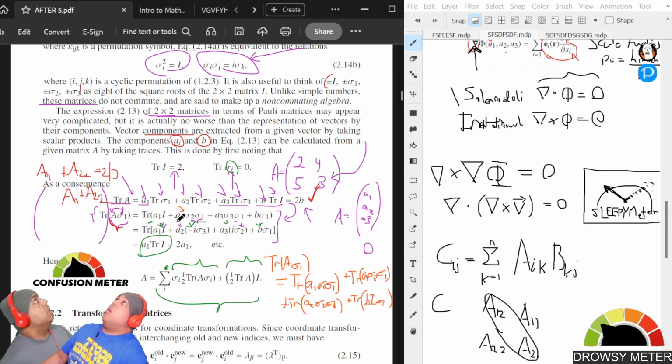So I have these guys. I got these two guys. A1I. I have BI row 1, B row 1.